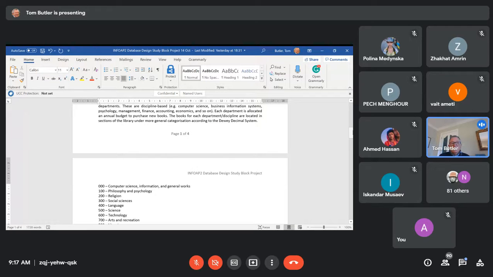I'm looking at the diagram here now. The areas of the library that are marked off with 100, okay? So if you want a book on philosophy, you know you're going to 100, right?